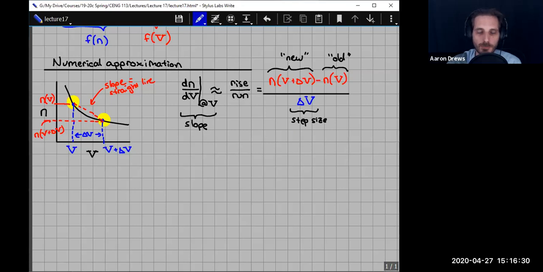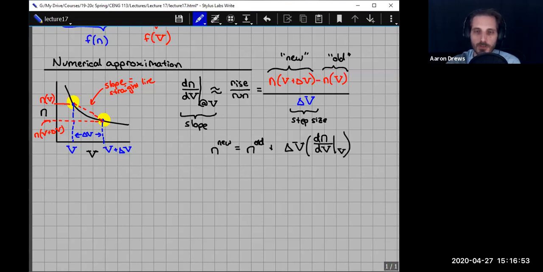So we can somewhat rearrange this equation and rewrite it as n new, the new value of n, is equal to the old value of n plus the size of the step that we took times the value of the slope. And the value of the slope is whatever dn dv happened to be evaluated at v.